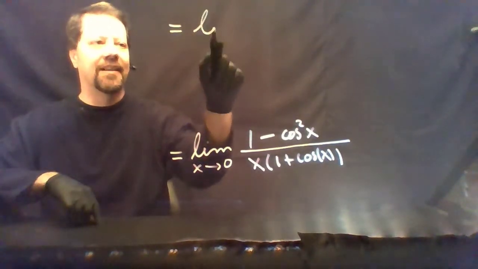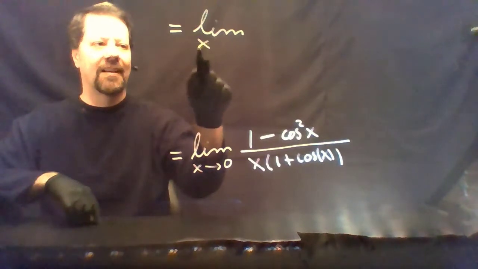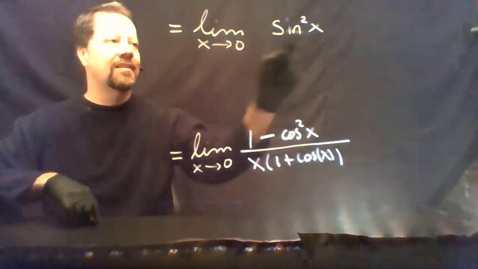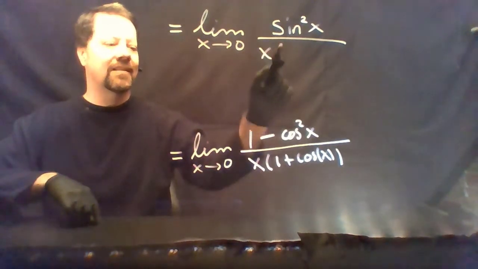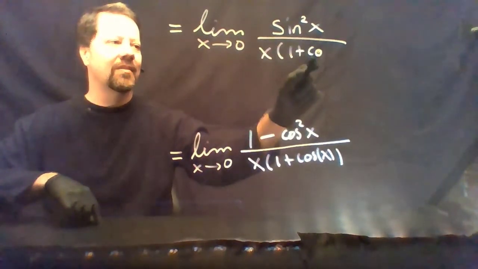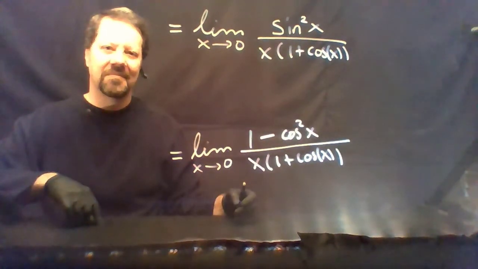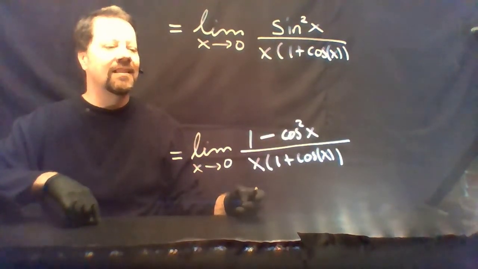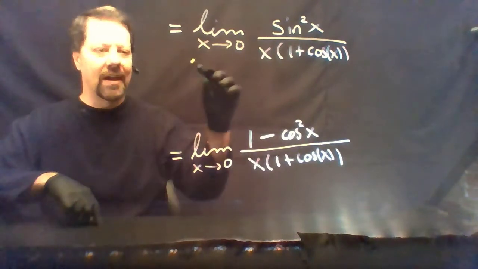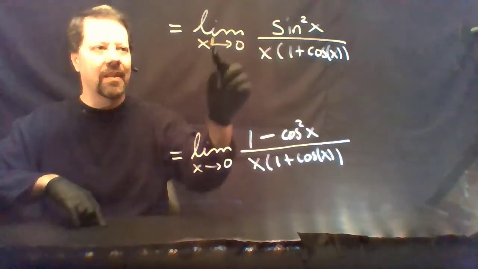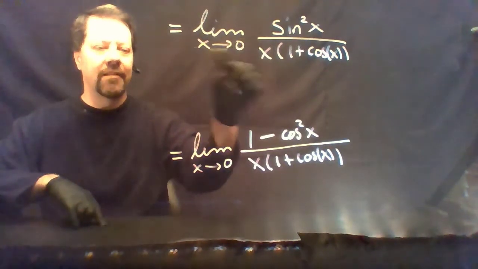We have then the limit as x goes to 0 of sine squared x over x times 1 plus cosine x. I want you to model what I'm doing here. Each new line begins with equals. I'm carrying the limit forward.